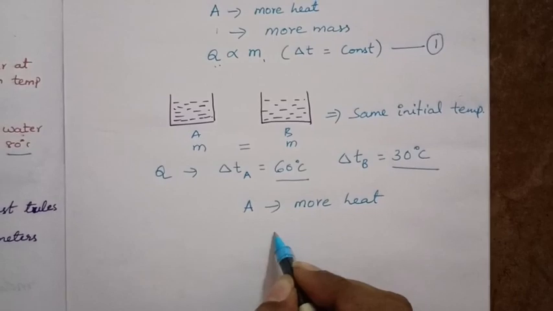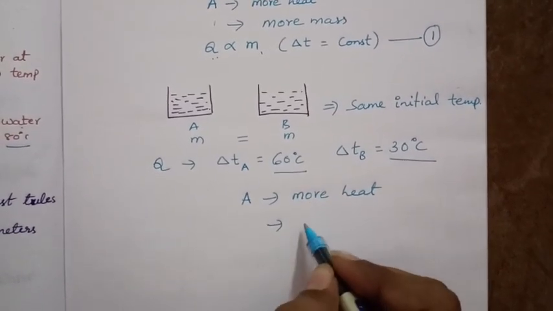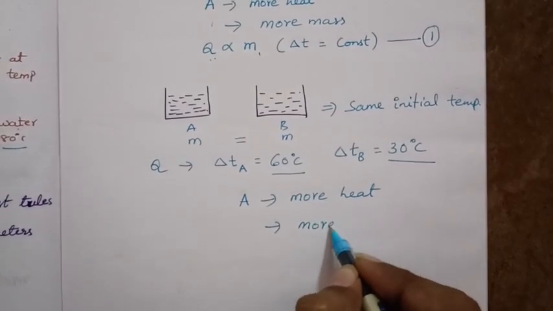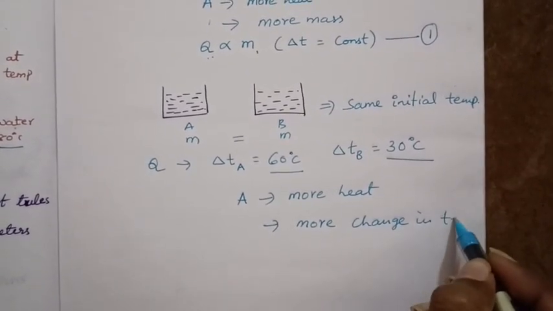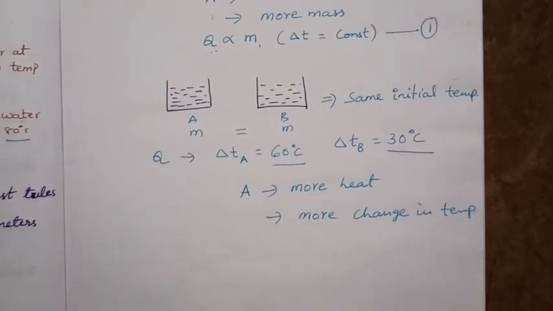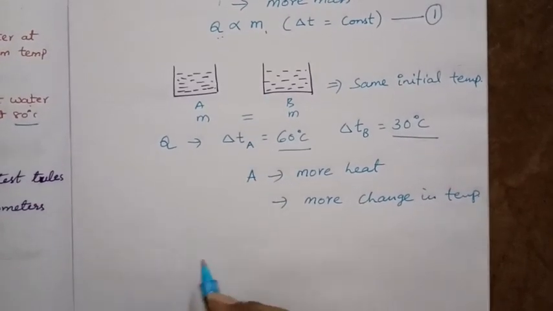Why? We want to change its temperature more. To change more, we should give more amount of heat when masses are constant.